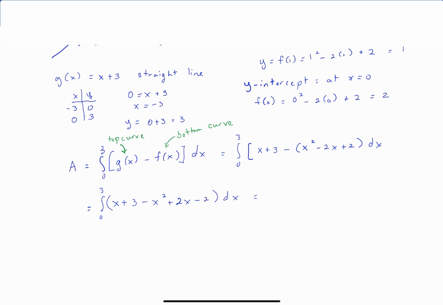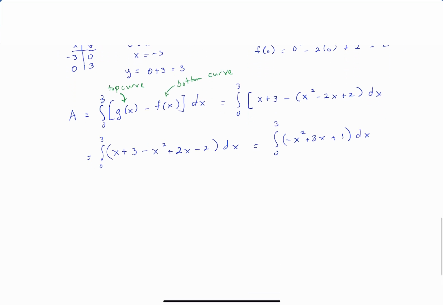Then I'll combine like terms. Let's see, x plus 2x's is 3x, and 3 minus 2 is 1. So our antiderivative will be minus 1/3 x cubed plus 3/2 x squared plus x. And we're evaluating from 0 to 3.